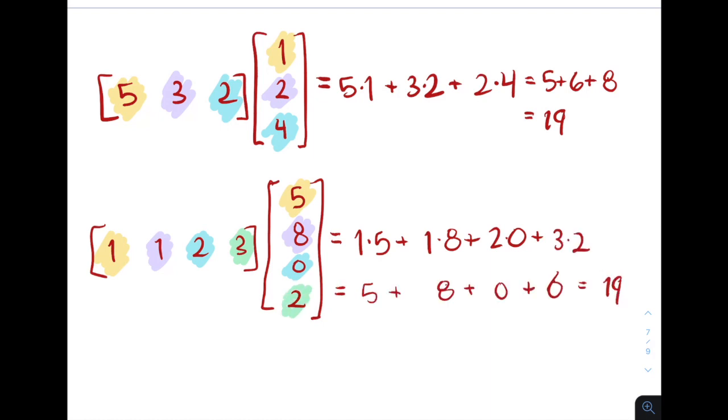By understanding how we multiply a row matrix by a column matrix, we can define general matrix multiplication.